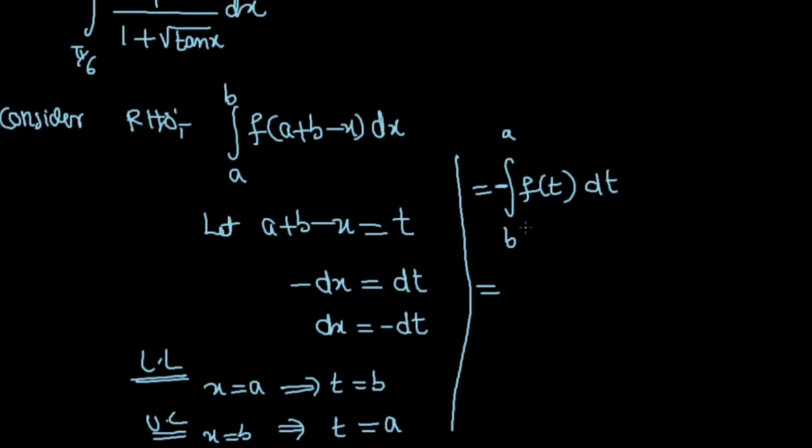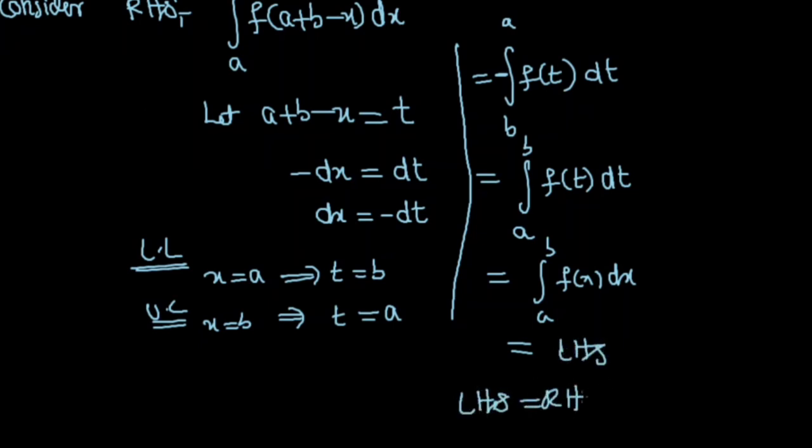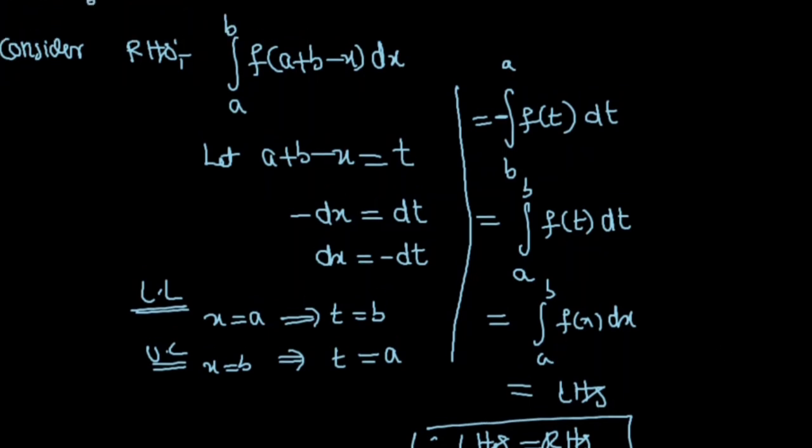So in order to remove the minus, using the property, we can change it to a to b f of t dt. If I replace t with x, then it will be directly a to b f of x dx, right? So this is LHS. Therefore LHS is equal to RHS. Hence this is a proof.